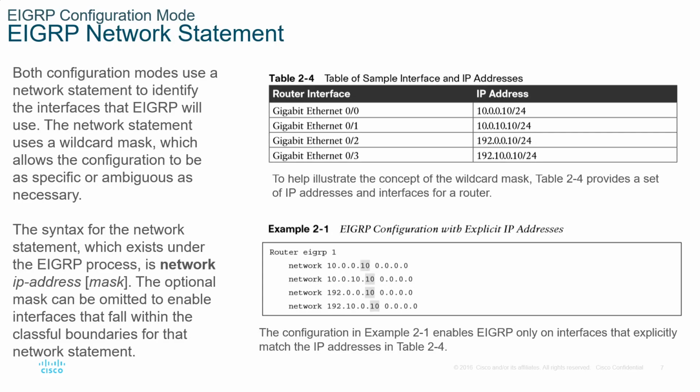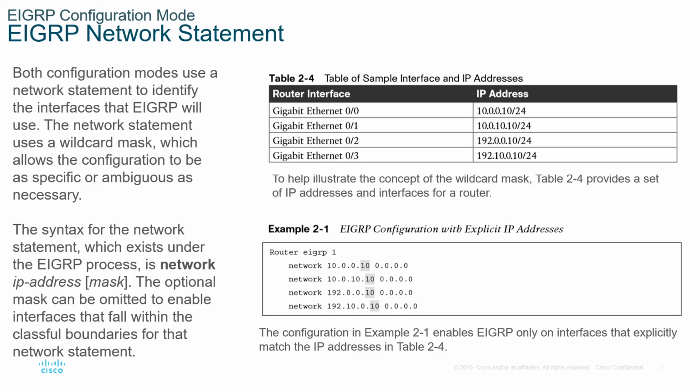So let's have a look at our network statements. There's basically a very simple way of putting them in. They use a wildcard mask. Okay, so it's the router EIGRP and then AS number.